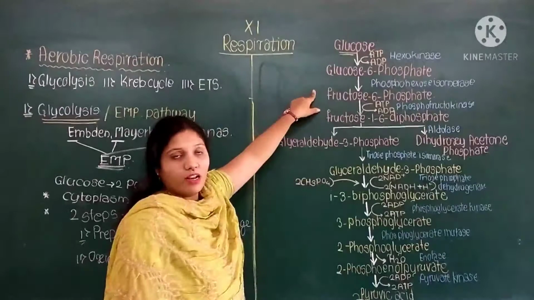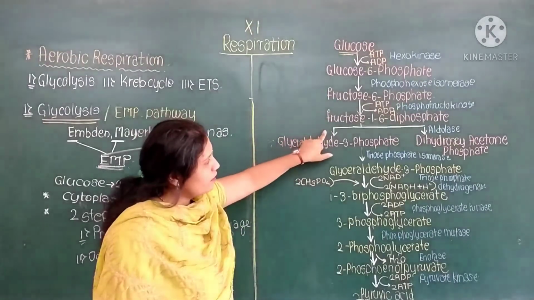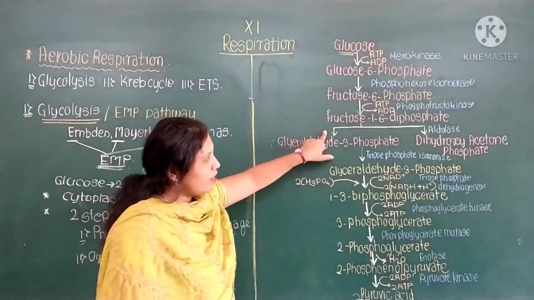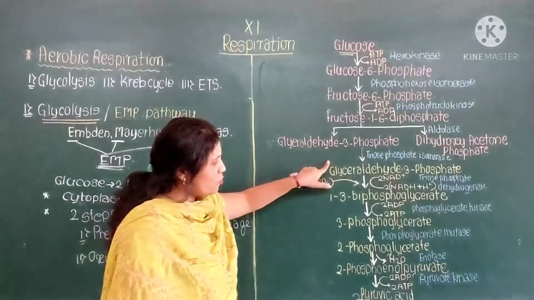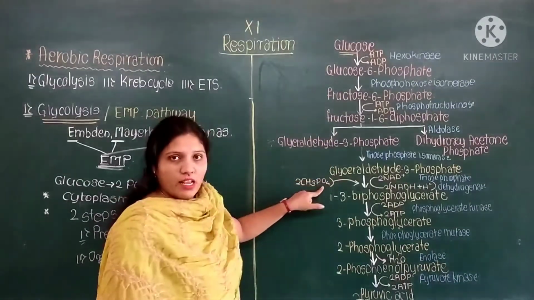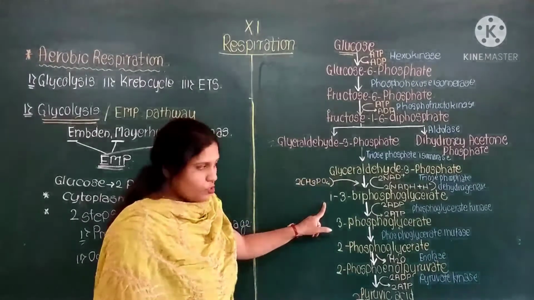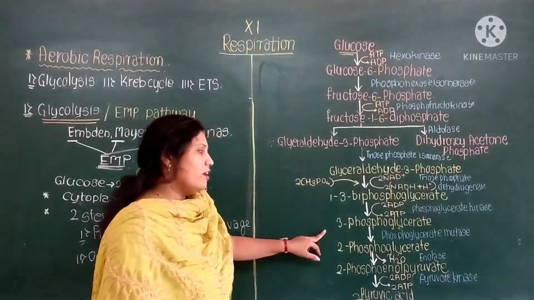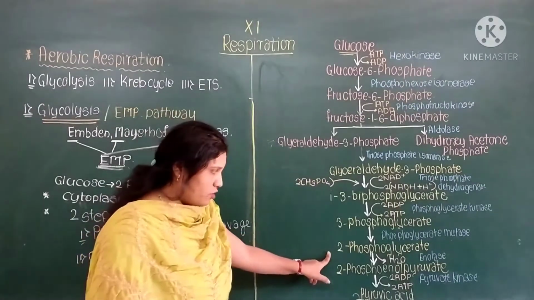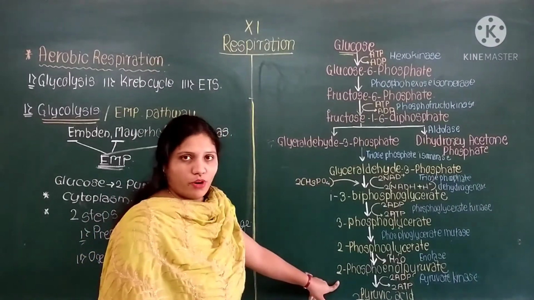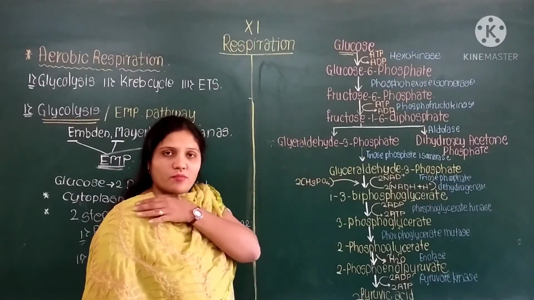Then the second, isomerization, again phosphorylation. Then isomerization. Here cleavage, then isomerization. Here oxidative dephosphorylation, then dephosphorylation. Then isomerization again, then dehydration and then dephosphorylation. All these are the steps completed in glycolysis.